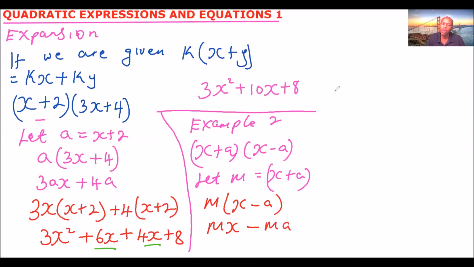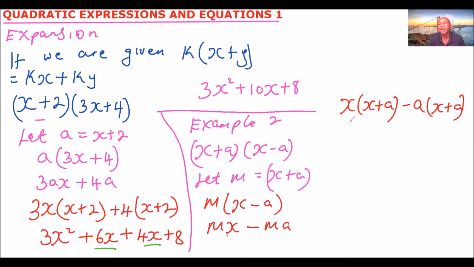And when you now substitute your m with x + a, you have x, then you have m, that is not m, but x + a. We have just substituted our m, and we substitute the other m, so we have a(x + a).